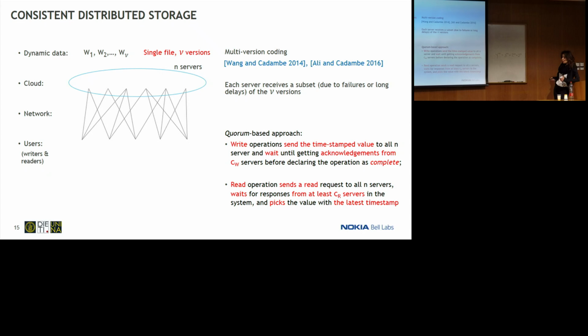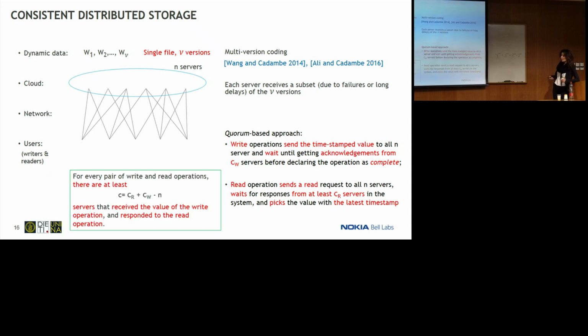Similarly, a read operation sends a request to all N servers, waits for the response of at least CR servers, and then picks from these CR servers the value of the file that has the latest timestamp.